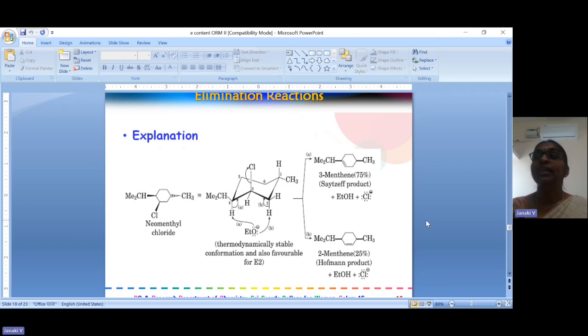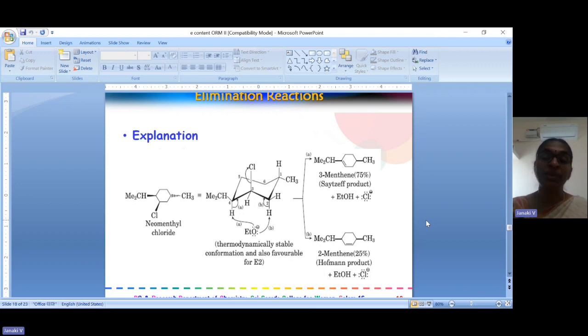So this substrate can react with the ethoxide ions and gives rise to a mixture of two products, that is 2-menthene and 3-menthene. Here 3-menthene is the predominant product because it is more substituted. The more substituted is the Saytzeff product, and this is the predominant product formed in the reaction. And the 2-menthene, which is less substituted, is the Hofmann product. That is the reason that, due to the presence of two axial hydrogens, it gives rise to two different product mixtures.